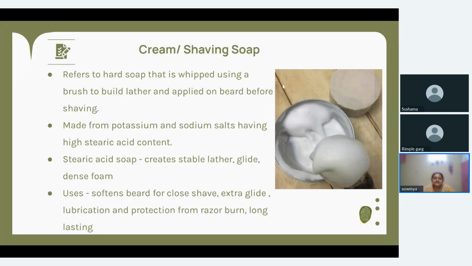Okay, next we will see about cream soap or shaving soap. Here it refers to a soap that is whipped. So this will be your soap, and they will keep a small amount of it, or the entire soap, in a container with a little bit of water on it, and use a shaving brush to slowly build the lather and then the foam.